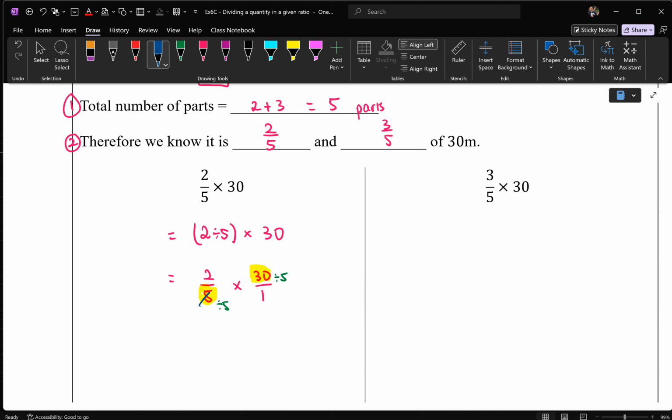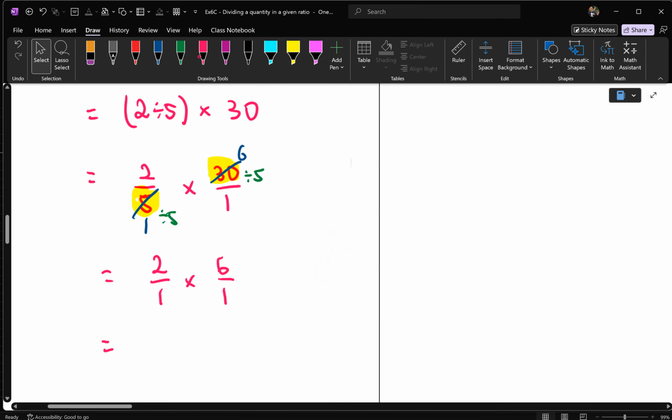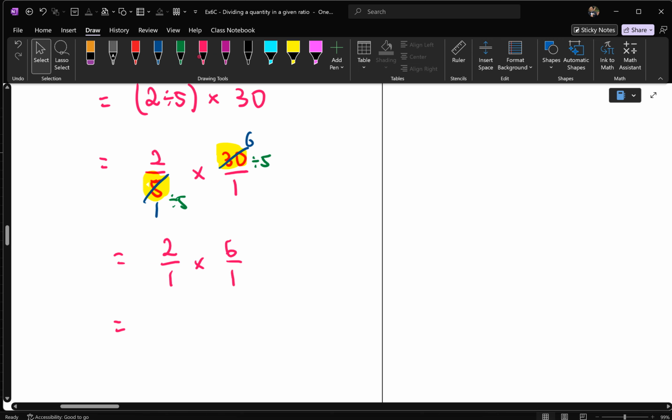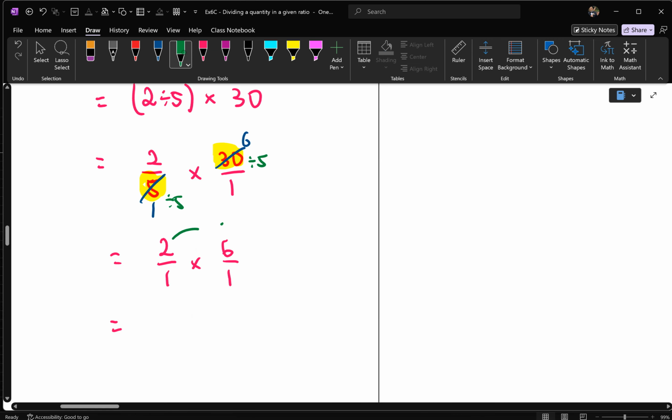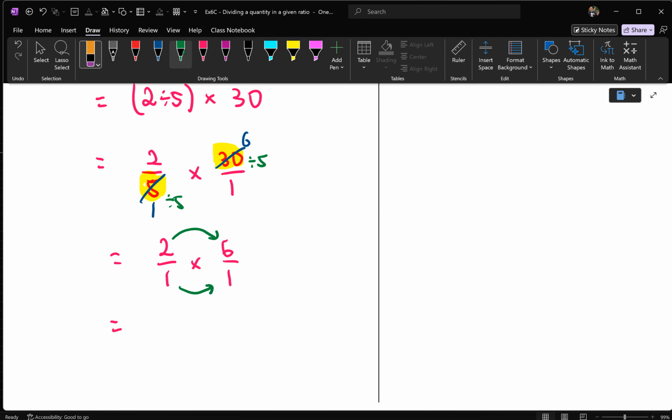If you simplify that, 5 becomes 1, and 5 goes into 30 6 times. So this now gives me 2 over 1 times 6 over 1. If you remember multiplying fractions, top with top and bottom with bottom, that essentially gives me 12 over 1.